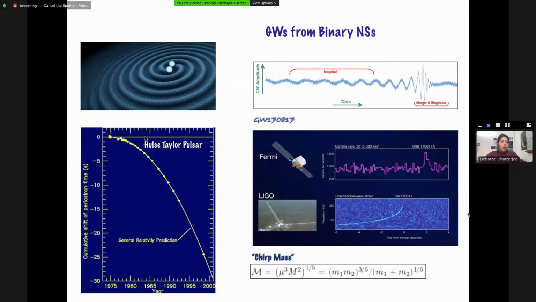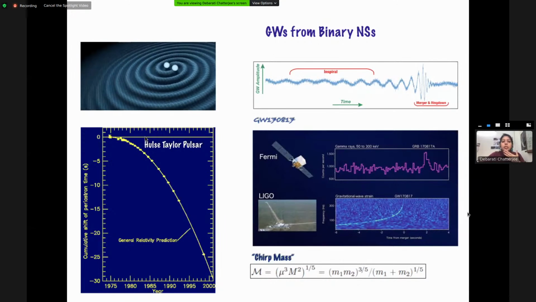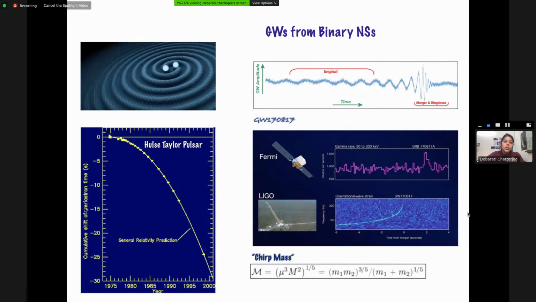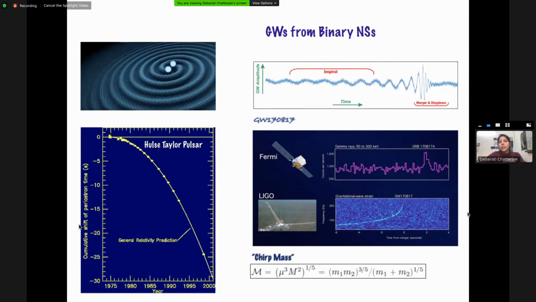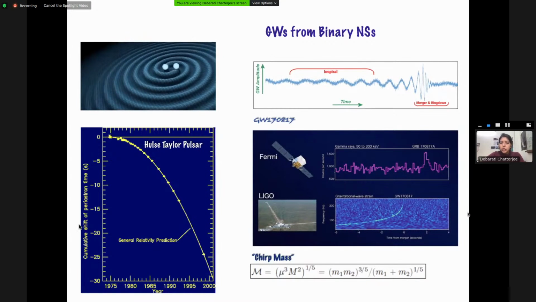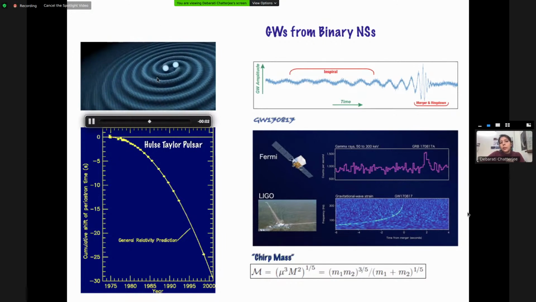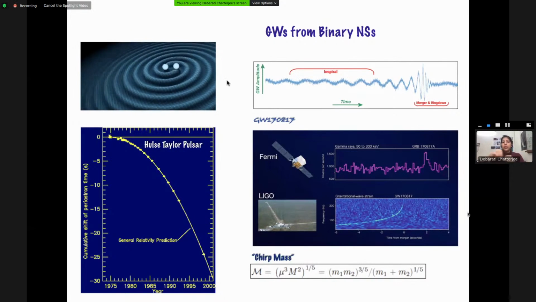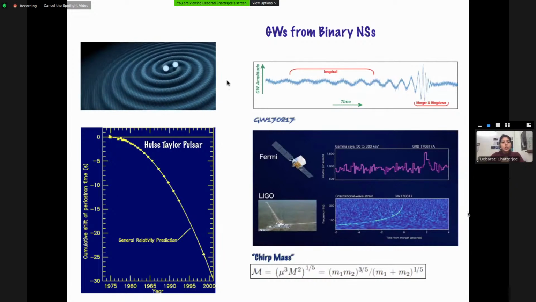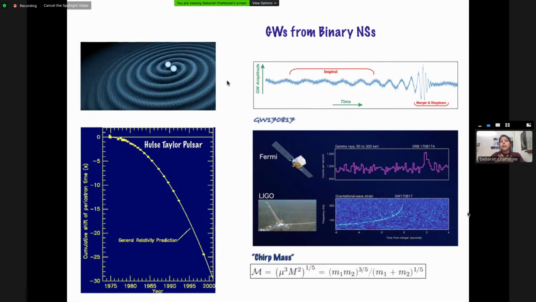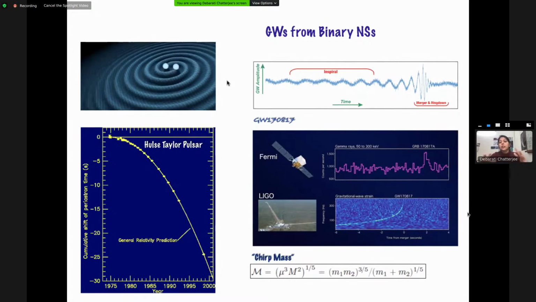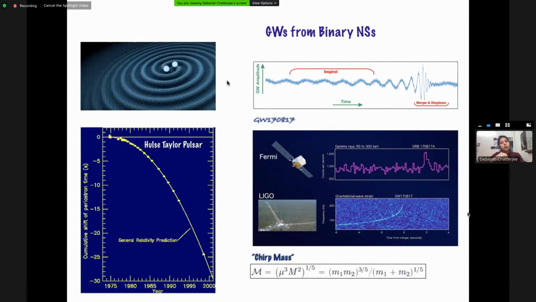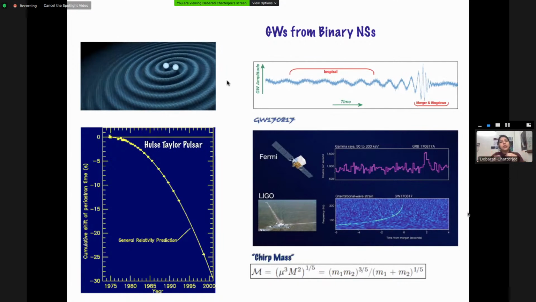So how did they do that? They measured the cumulative shift caused by a general relativistic effect. You see the animation on top: there are two pulsars going around each other. As they emit gravitational waves, they lose energy and come closer and closer together until they merge.